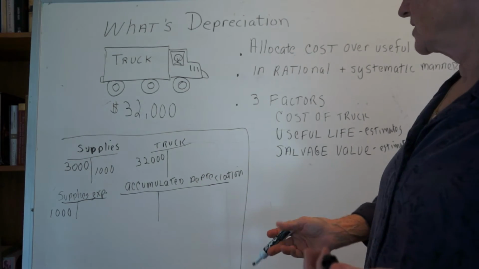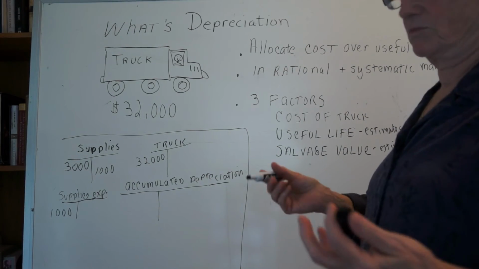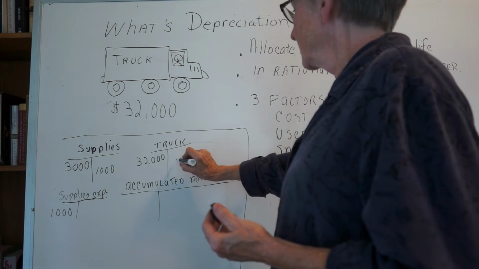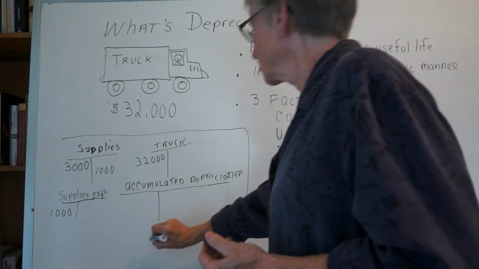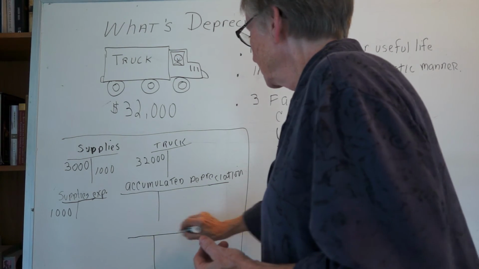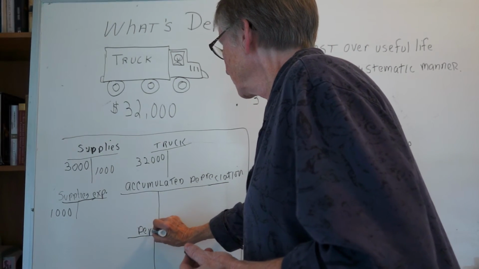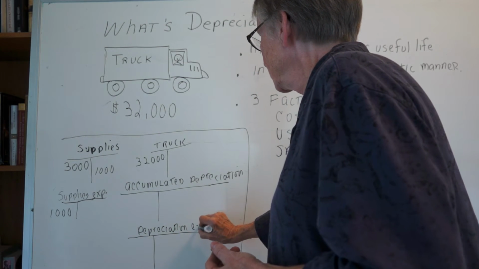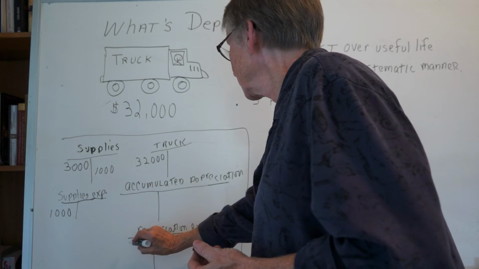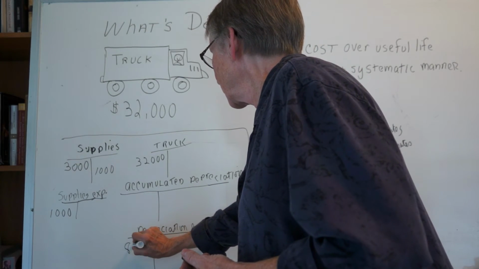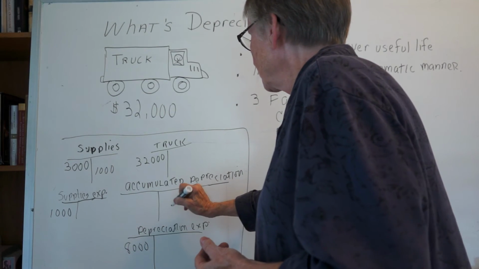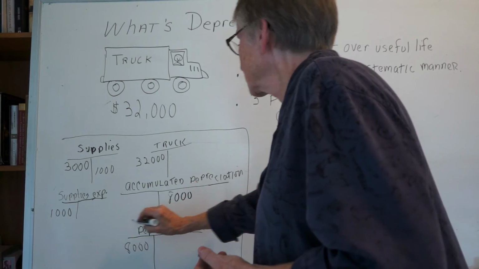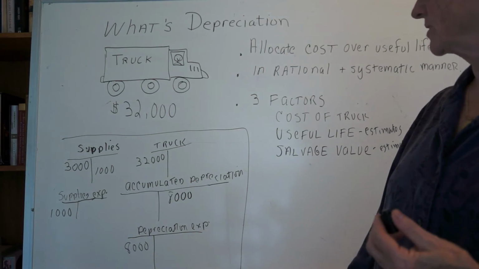Say we were taking 8,000 on the truck each year as depreciation expense, we would still need our depreciation expense just as you needed the supplies expense account. And just say we were taking $8,000 a year, we would do the credit rather than to truck. We would use this accumulated depreciation account.